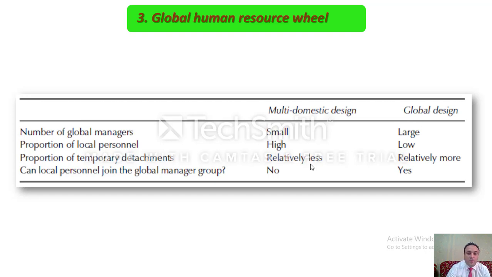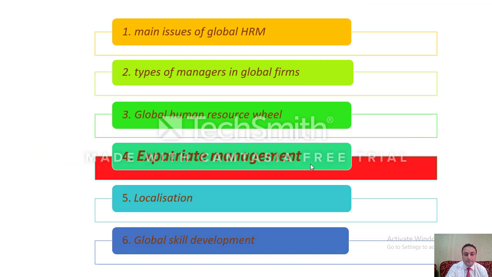In the multi-domestic design, the proportion of local personnel is high, and in the global design model, it is very low. Also, the proportion of temporary detachments in the multi-domestic design is relatively less, but it is more in the global design model. And finally, can the local personnel join the global manager group or not? In the multi-domestic design, it is not allowed, but in the global design model, it is okay.